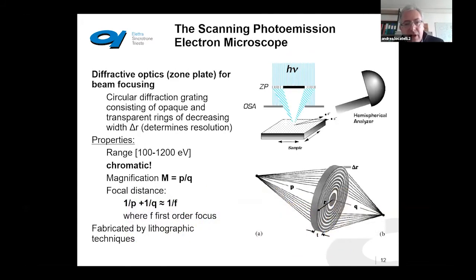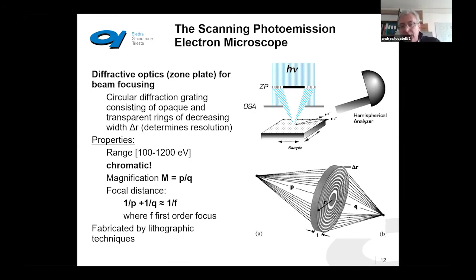In the case of the scanning photoemission electron microscope, this is the focalizing lens, the so-called Fresnel lens, and the resolution is determined by this delta R here, which is the width of the tiniest transparent ring, because the lens is formed by alternating transparent and opaque rings, and it actually has focusing properties similar to those of conventional optics.